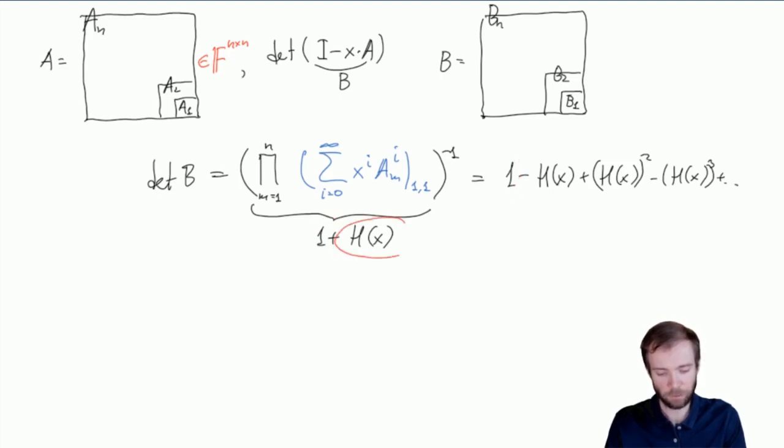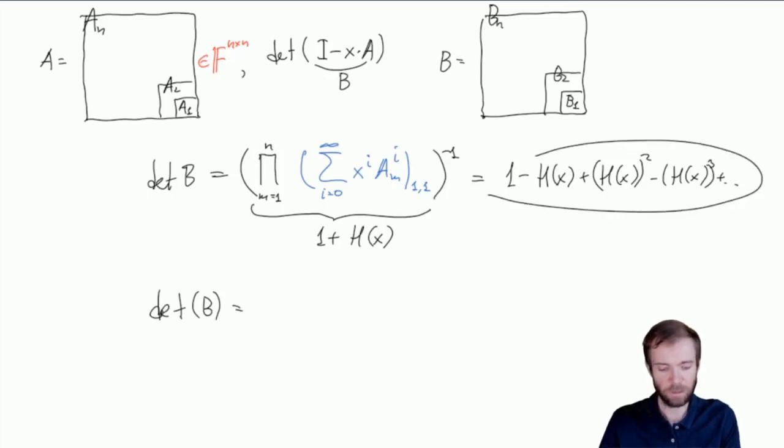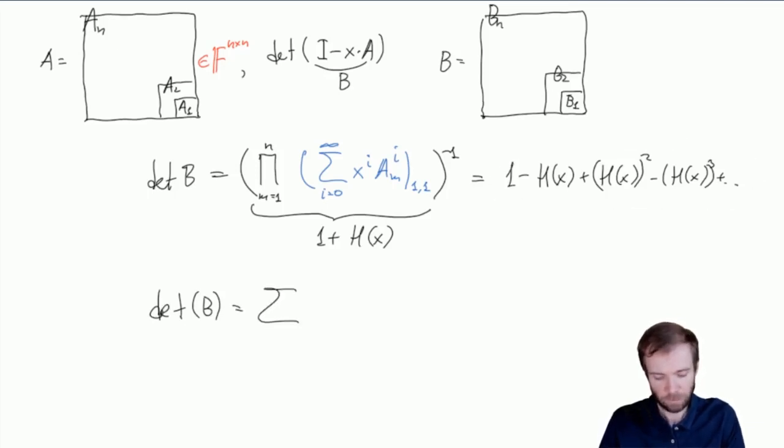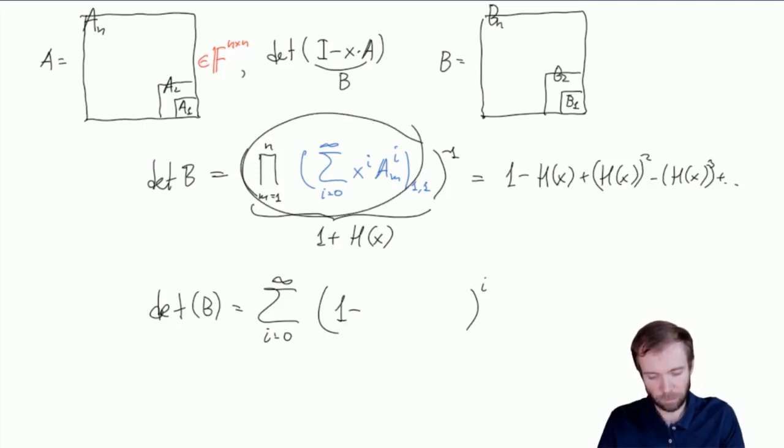Then we have h of x times 1 and minus h of x times 1, and so on and so forth. So again, this standard idea helps. So in the end, we can express the thing that we need, the determinant of B, as this guy, which is the sum for i from 0 to infinity of the powers of minus h of x. These are the powers of 1 minus these products.